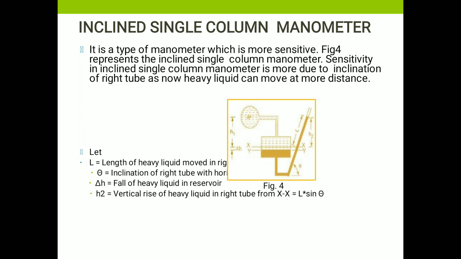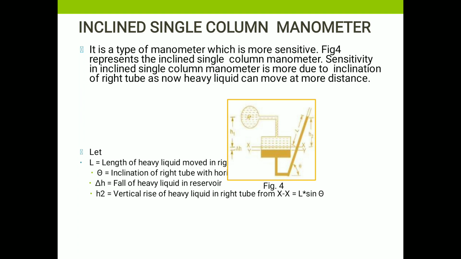Let L be the length of heavy liquid moved in the right tube from the datum line. Theta is the inclination of the right tube with the horizontal. Delta H is the fall of heavy liquid in the reservoir.